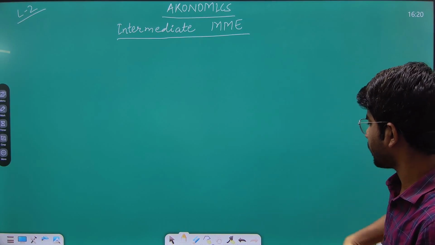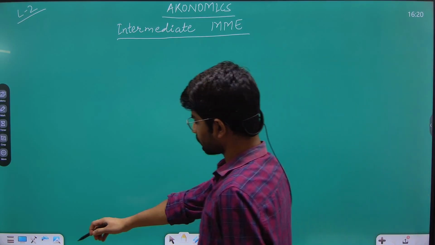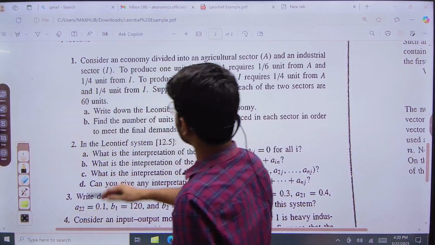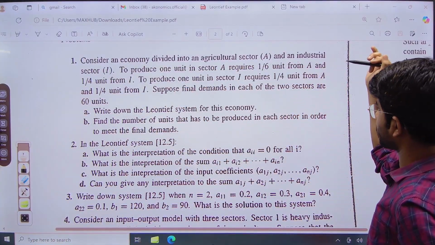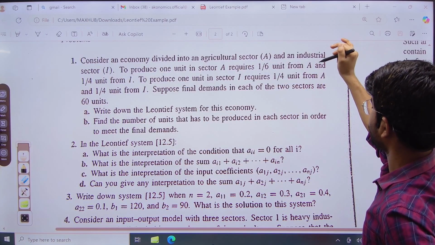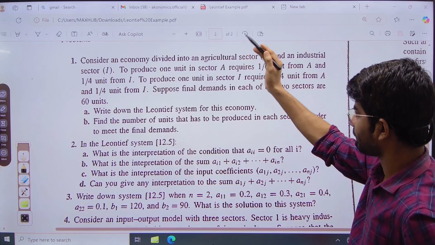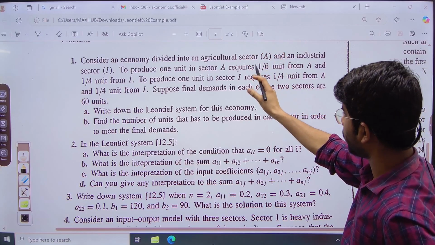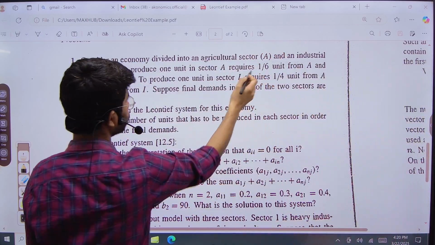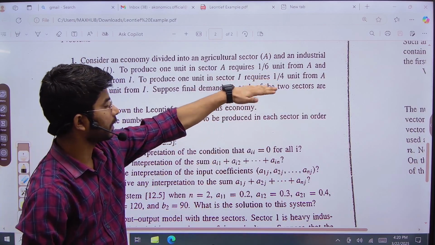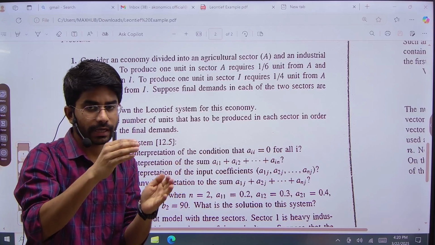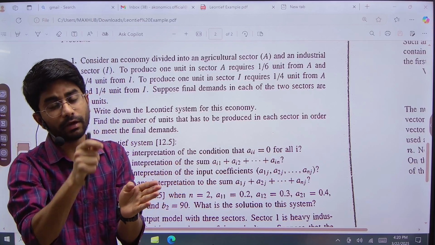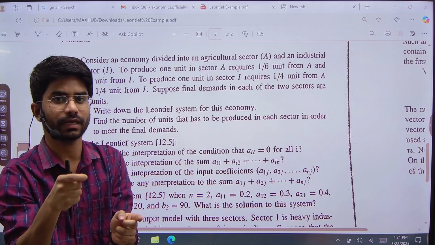So similarly, we have a question for you. Consider an economy divided into an agricultural sector denoted by A and an industrial sector denoted by I. To produce 1 unit in sector I requires 1/6 unit from A. That means if A is to be produced, some component of A would be used as input itself.